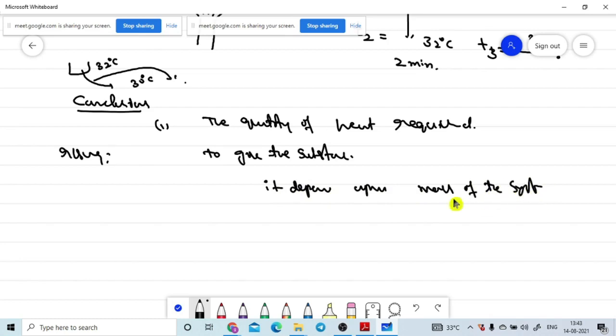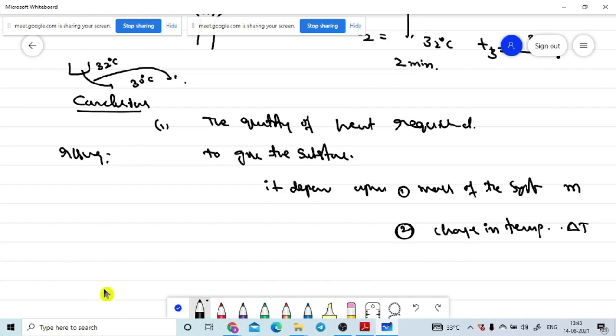This is the first case. The second case is that it depends upon how much the change in temperature is. These are the two conclusions: it depends upon mass and it depends upon delta T. Delta T means how much change in temperature. That is the main thing we are taking.